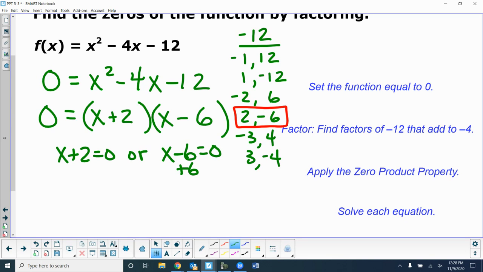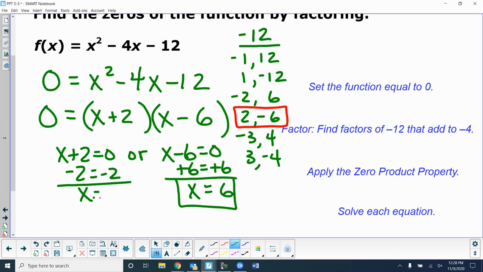And then I just solve for x. Those two answers are my 2 zeros. If I were to graph this on my calculator, my parabola would cross the x-axis at -2 and +6. Okay?